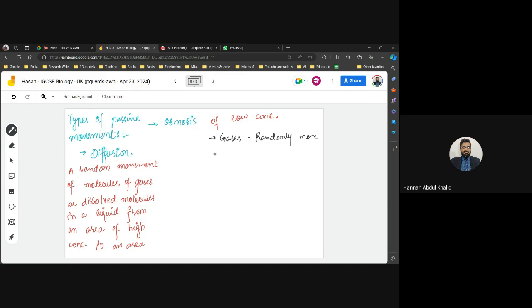And about the liquids, we also can say that they can also randomly move. The important part about both of them is the high concentration to low concentration. Now my question is, why would something move from high concentration to low concentration, not from low to high?